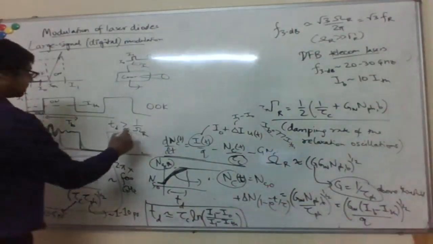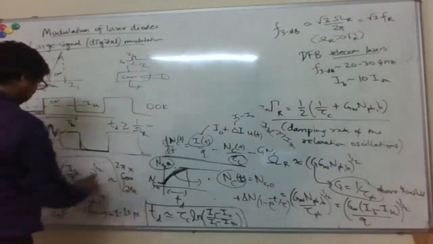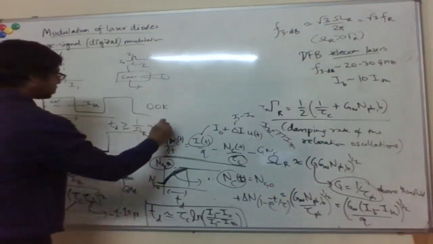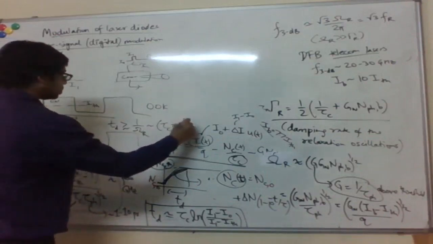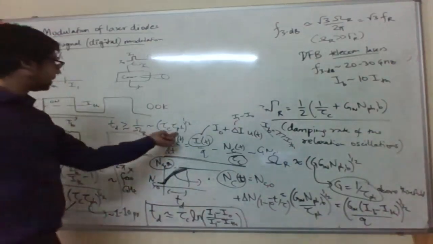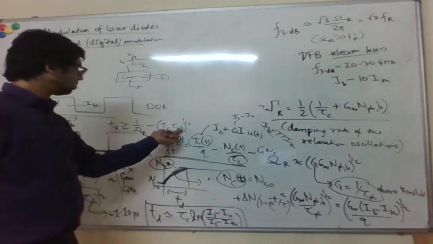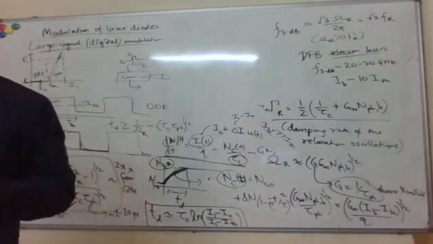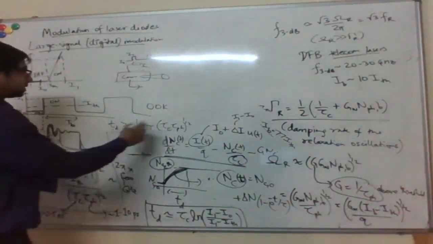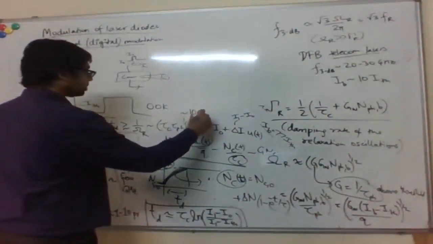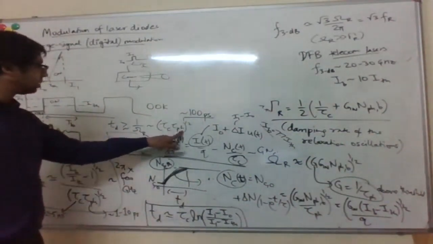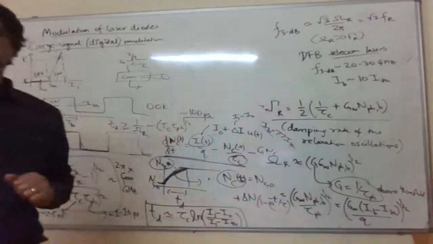So basically, roughly the time period you can get is the square root of the product. Okay, so the fastest response you can get is the geometric mean of the carrier and the photon lifetimes. And again, if you put these numbers here, typically this comes out to be like, let's say, 100 picoseconds. So again, tau c is in nanoseconds, this is picoseconds. So you take the geometric mean, you get about 100 picoseconds.